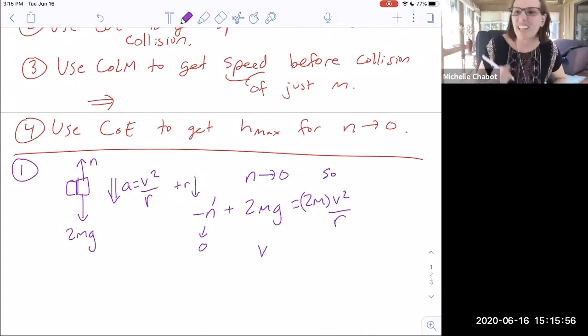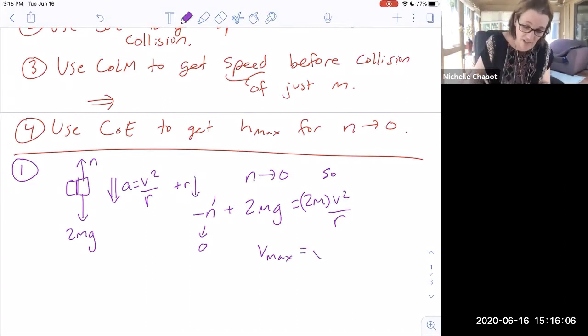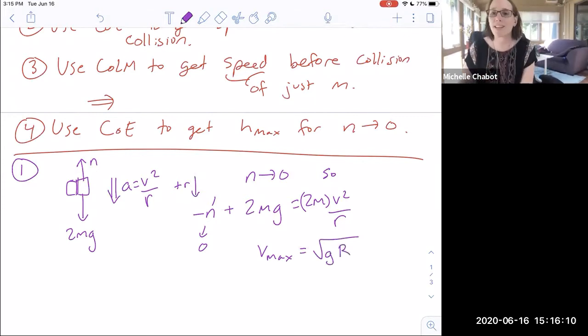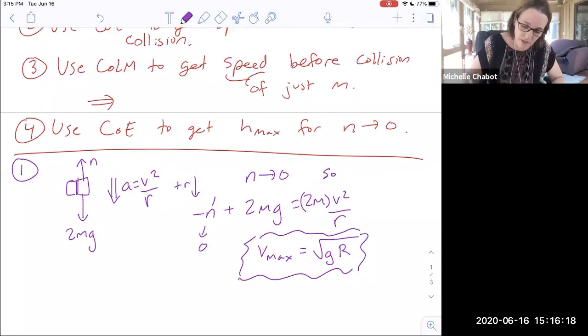And I get this really typical result for vertical circles, which is that the maximum speed they can have on that hill without losing contact is going to be the square root of gR. I'm going to change that to a capital R because I remembered that's what was given in the problem. So I'm going to mark this as a key result for step 1. This is going to be the speed at the top of the second hill.